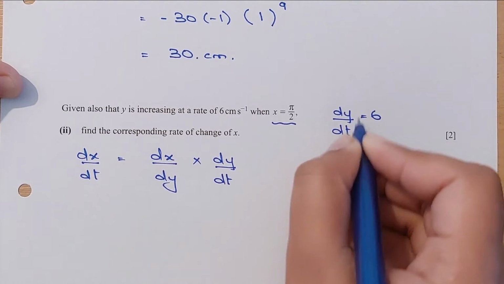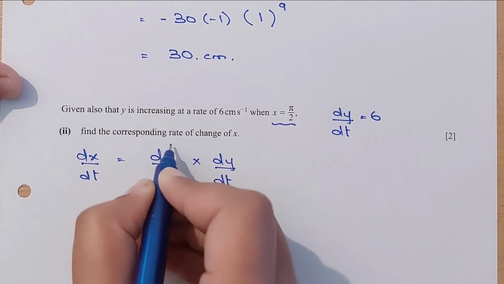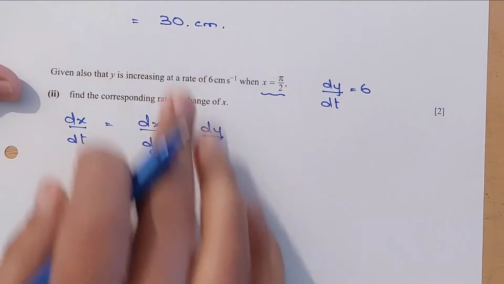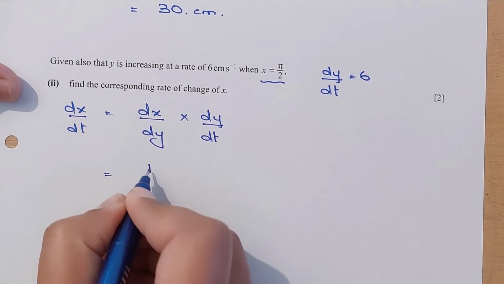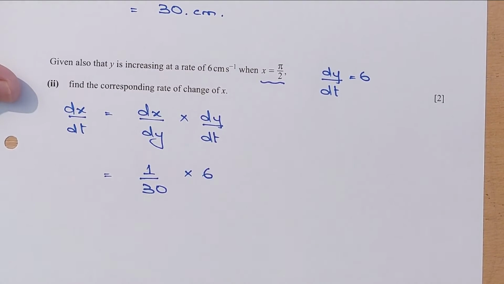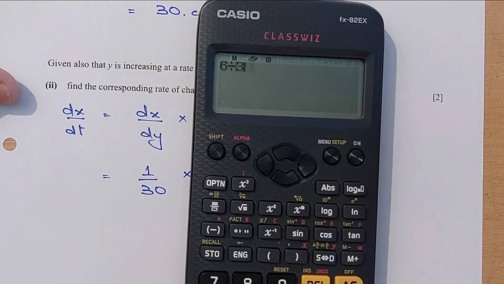We have dy by dt, that is 6. What is dx over dy? We have dy by dx at x equals pi by 2, this is 30, so we take the reciprocal of 30. This is 1 by 30 times 6. 6 divided by 30 is 1 by 5 or 0.2.